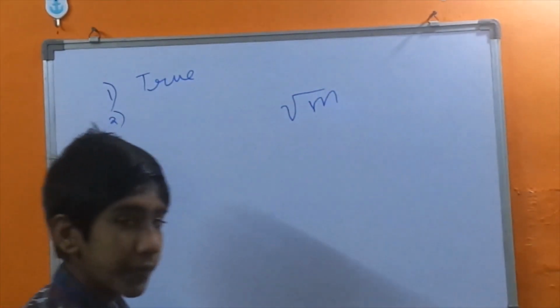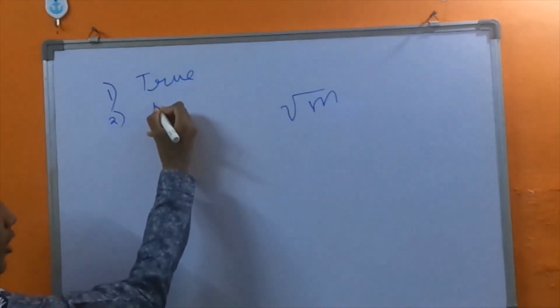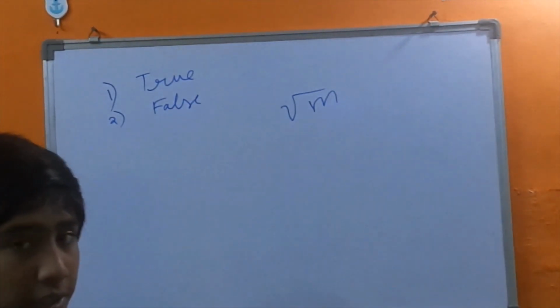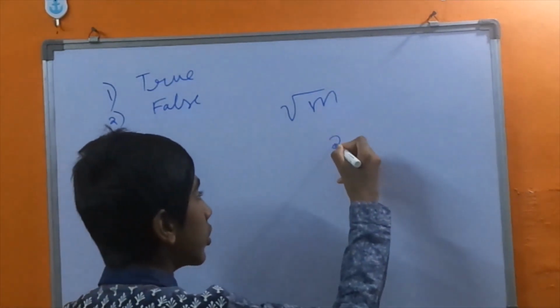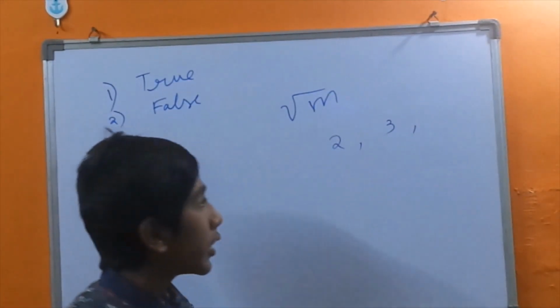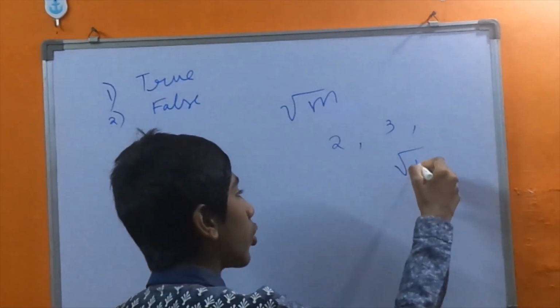This one is false, because take some examples like 2, 3. These can't be expressed in the form root m.